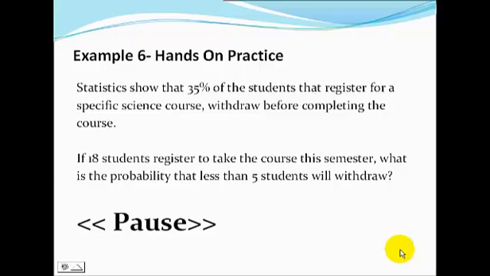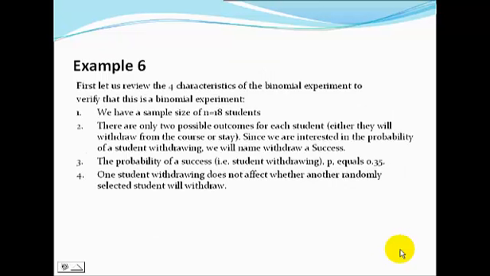Now that we have finished trying this problem, let's review our answers to see if it's correct. First, we have a sample size of n equals 18 students. There are only 2 possible outcomes for each student. Either they will stay in the course or they will withdraw. Since we are interested in the probability of a student withdrawing, we will name withdraw a success.